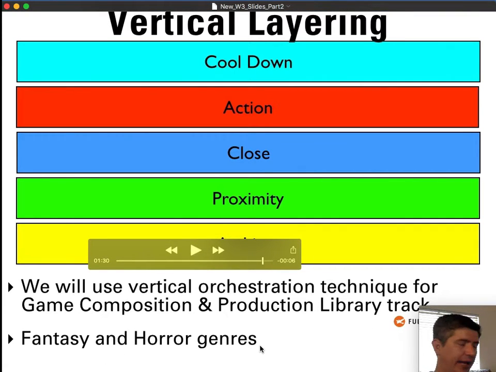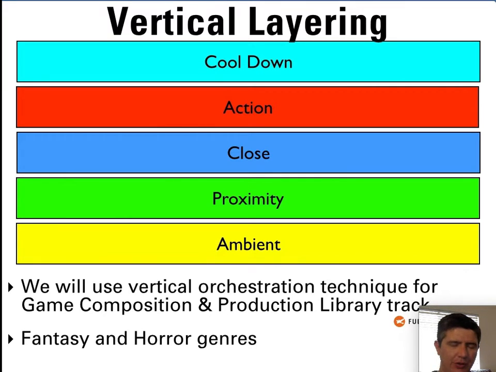Fantasy and horror games are very good at these. Fantasy games mostly because they are very large and you have no idea in which direction they are going to head. You just know that when they get there, they're going to hear the correct piece of music.